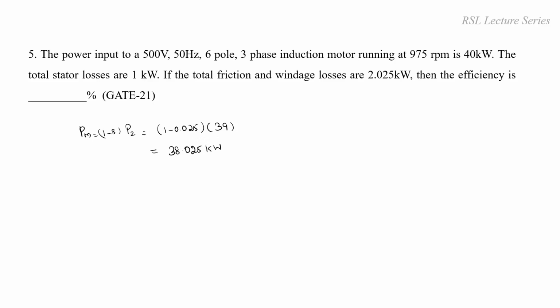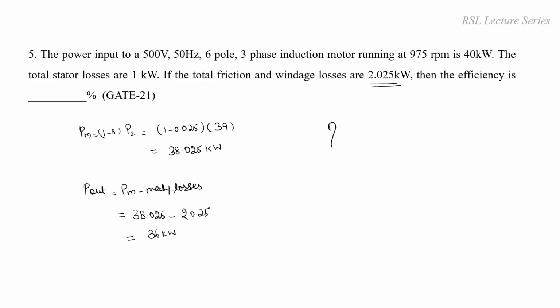Now we have found PM. After that, we can directly find out the output power, which is nothing but PM minus the mechanical losses. Mechanical losses are nothing but friction and windage losses, which are given as 2.025 kilowatts. So PM, 38.025 kilowatts, minus the mechanical losses, 2.025 kilowatts. On simplification, we'll get 36 kilowatts.